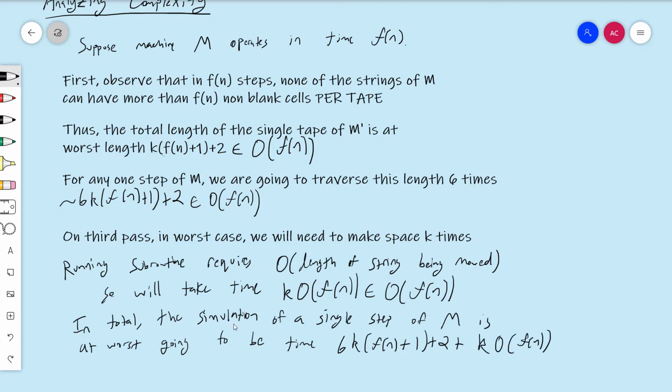But if you add all this up, look, it's just f of n, right? This is all still O of f of n. So we said a lot of words, but for very little.